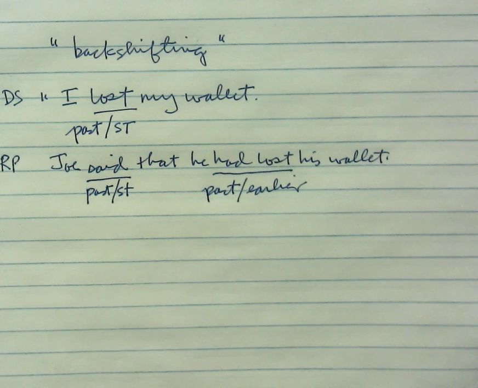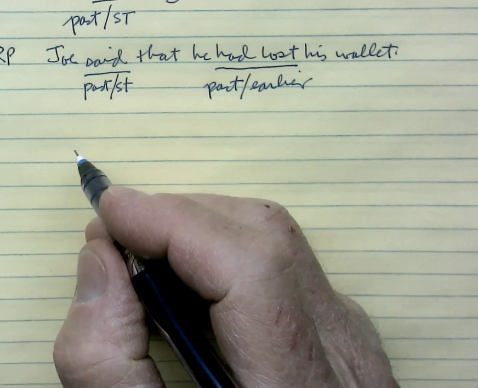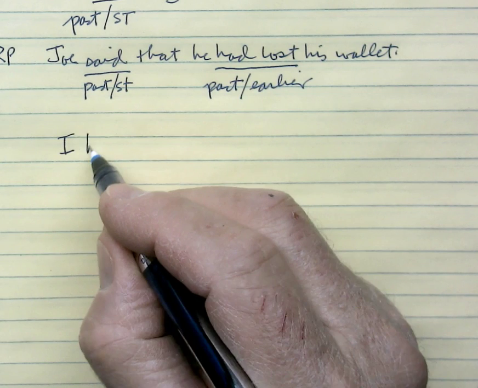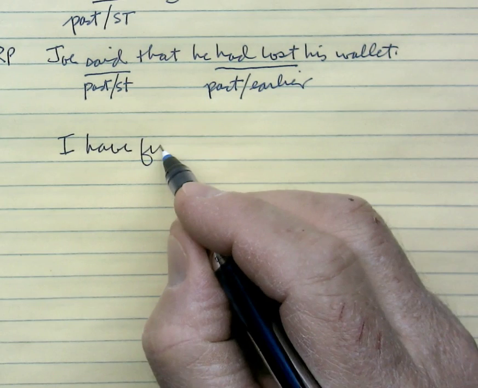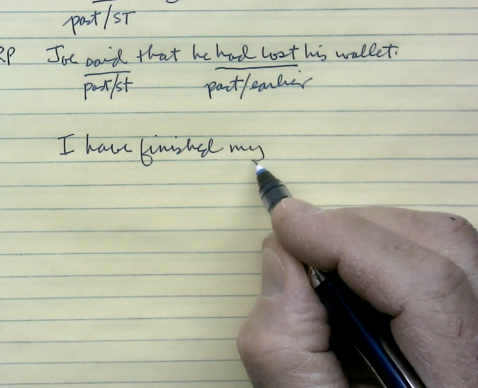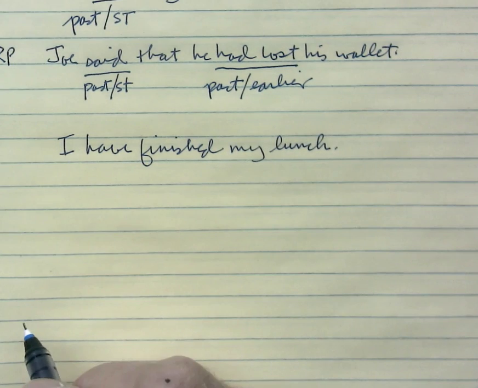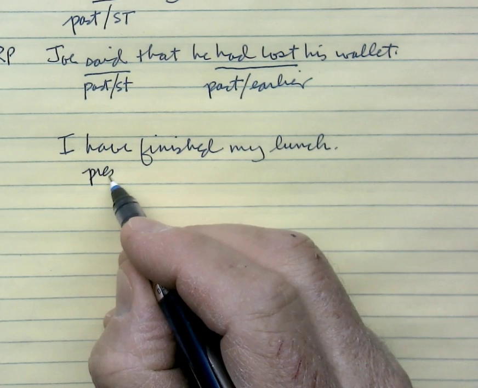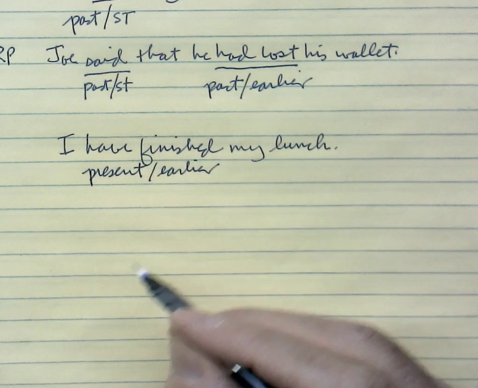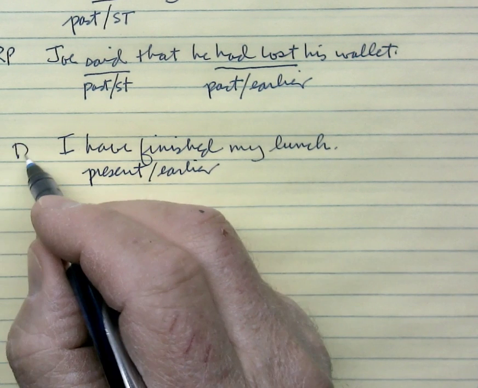Or we could take a look at another example. I have finished my lunch. So we have present, earlier. So this is the direct speech.